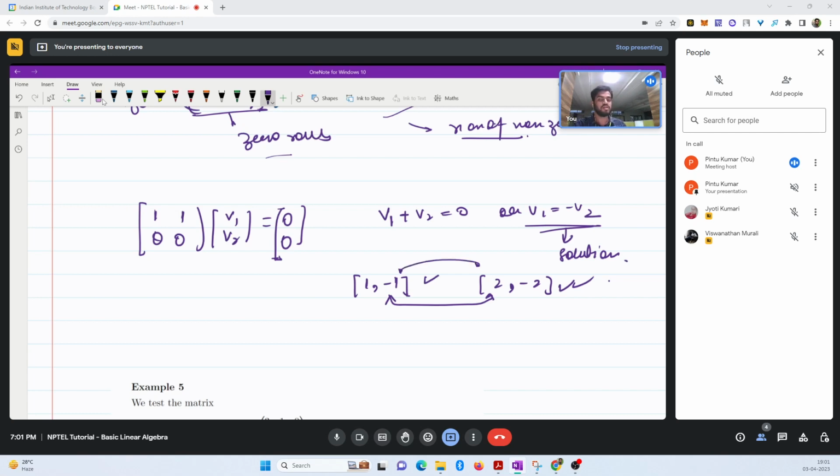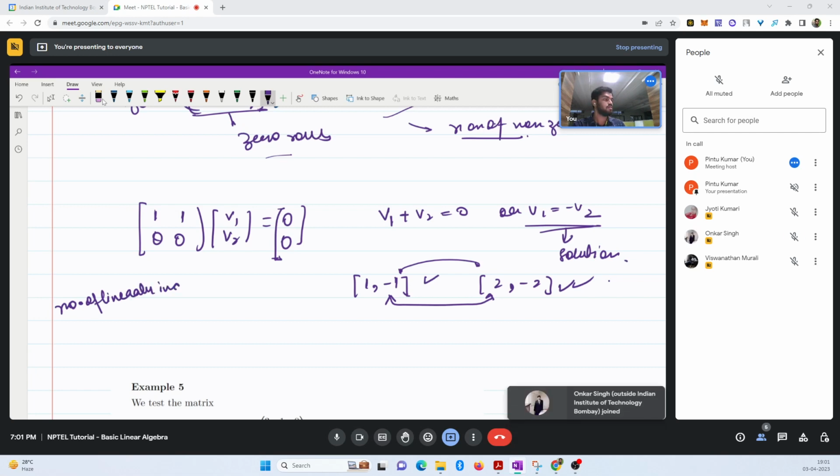So that's what I'm saying. You can have infinitely many solutions, or more than one solution, but the number of linearly independent solutions remains fixed. And that number of linearly independent solutions is given by the number of zero rows that you have over here.